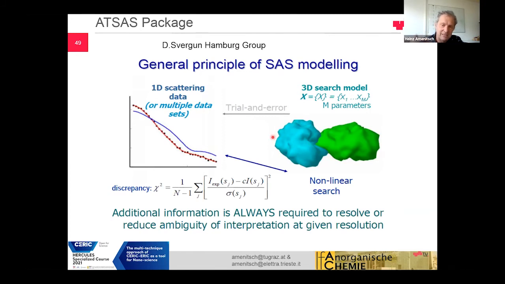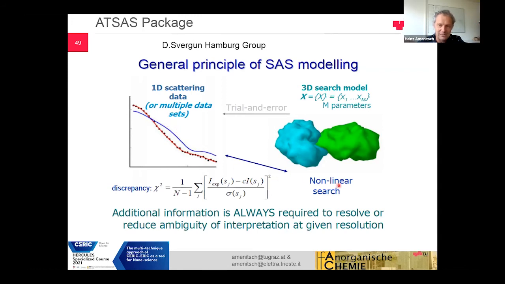You calculate the pair distance distribution function in a certain sense, and still, with this rotational averaging, you are able to compute three-dimensional models out of one-dimensional scattering data.